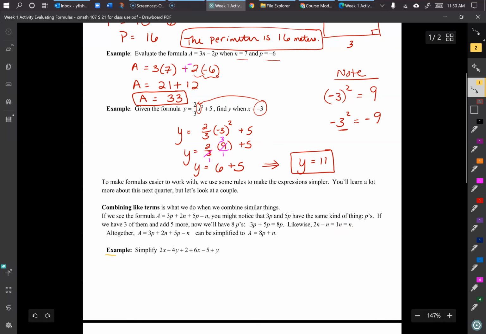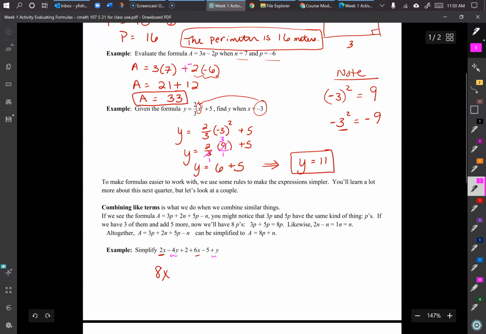So here we have simplify 2x minus 4y plus 2 plus 6x minus 5 plus y. So we're just going to combine some like terms. So we have the x's, so 2x plus 6x is going to be 8x. So we just add the coefficients and leave the variable part exactly as is. Now for the y's, we have minus 4y, or maybe you want to think of it as plus a negative 4y.